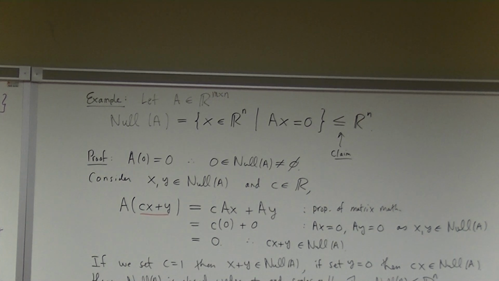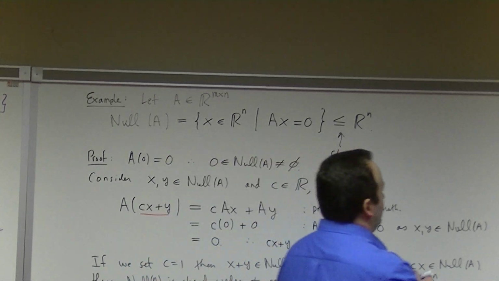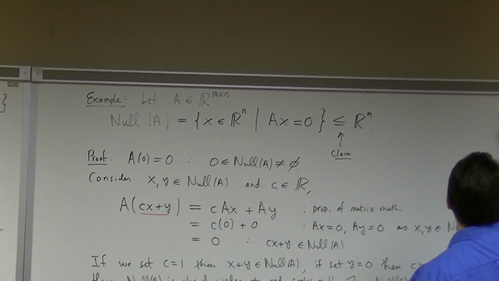A specific example, how about the identity? Ix equals 0. What x solves that? x equals 0. But you're right, an invertible matrix will also do. Aha! I think we have found yet another equivalent characterization of invertibility.